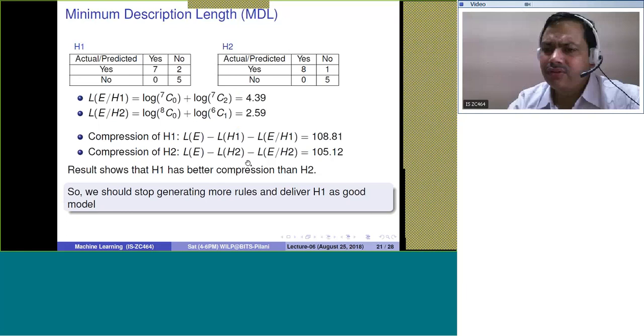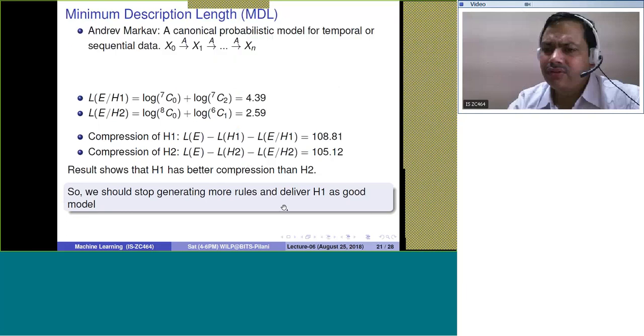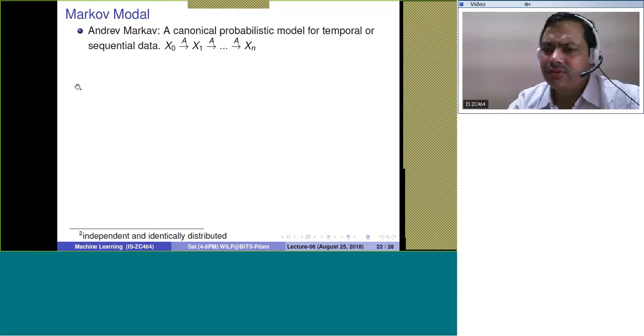Therefore, H1 gives you better compression. So this concept is over. The concept was that given two hypotheses, you would select the hypothesis that has better compression ability.